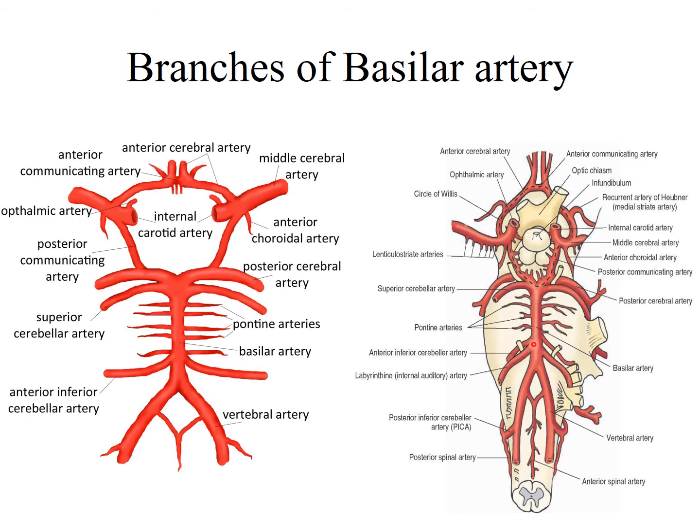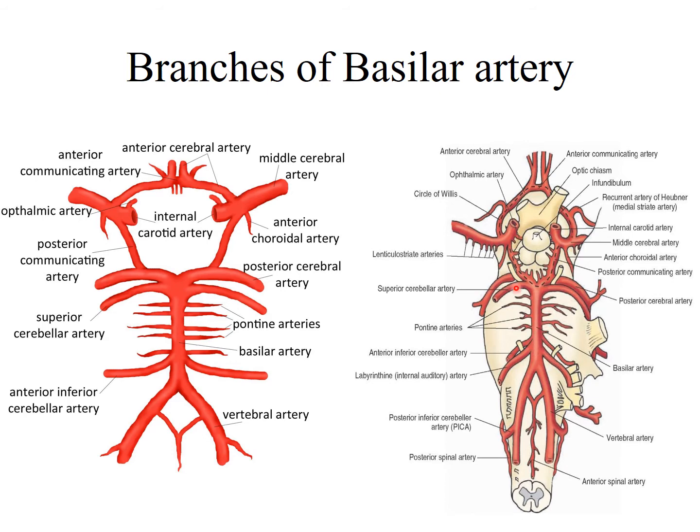Okay, and in this picture you can make out the large branch of the basilar artery, that is the labyrinthine artery, which is going to supply the inner ear. Labyrinthine artery, here they have shown in this picture. It's clear, the labyrinthine artery is one of the largest branches of the basilar artery, and it's a very important branch also because it is going to supply the inner ear. Clear? Yes, this is about the basilar artery.